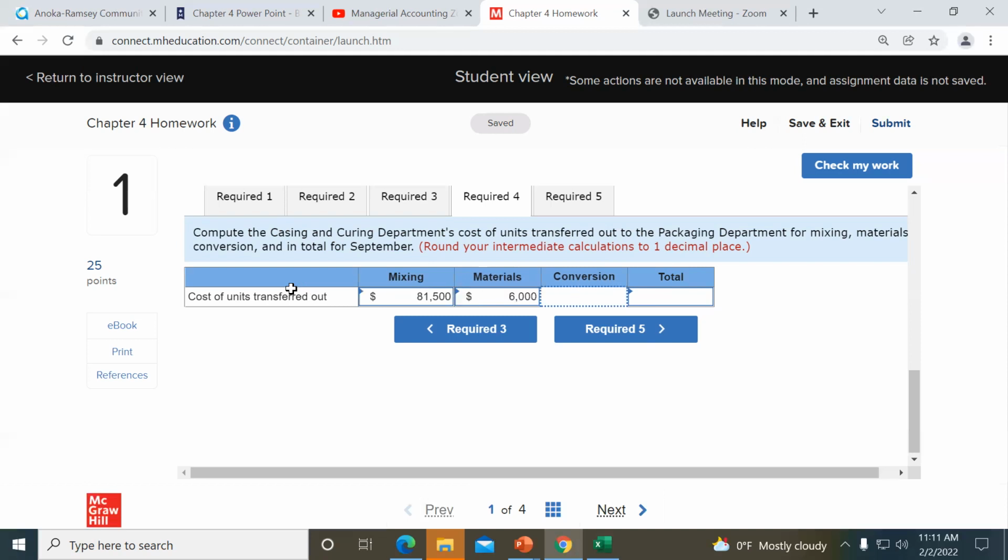Conversion, 50 units at 850, 42,500. What's that make our total, guys? 124,130.